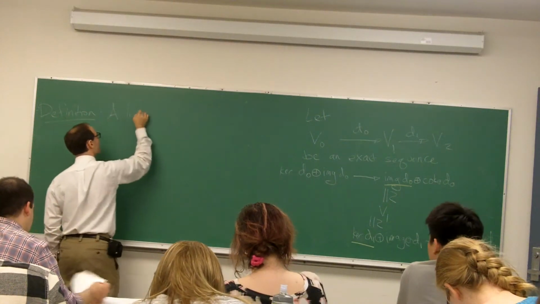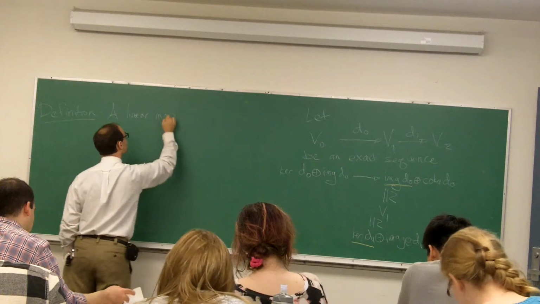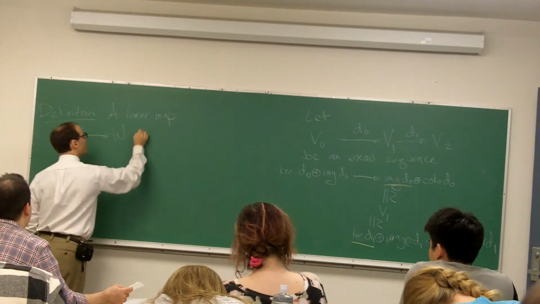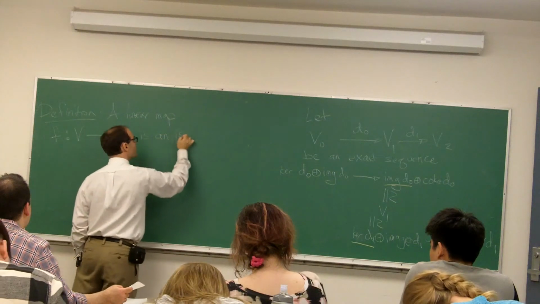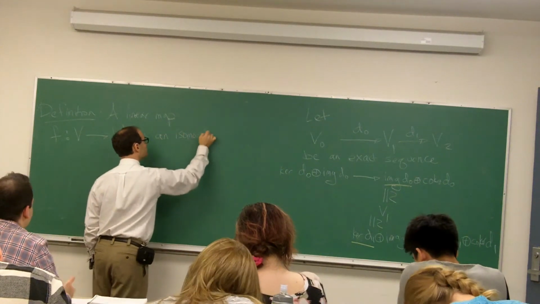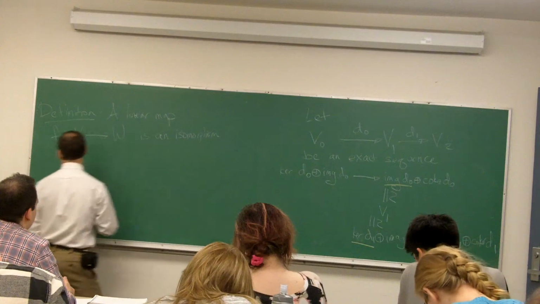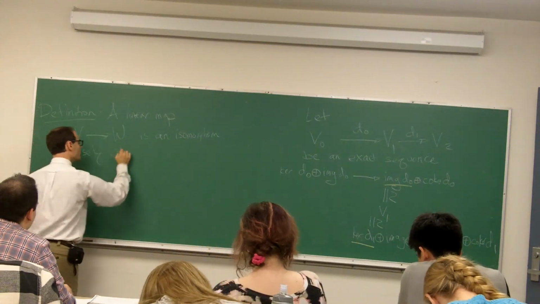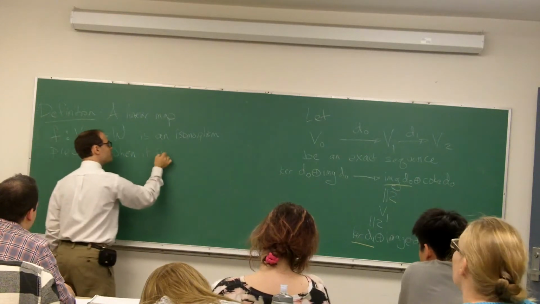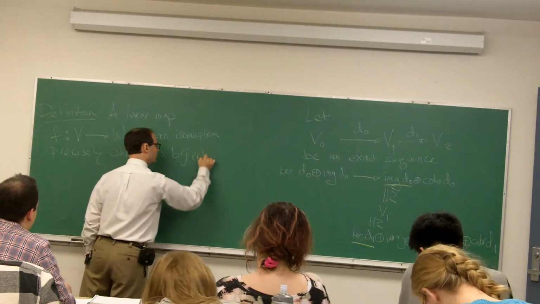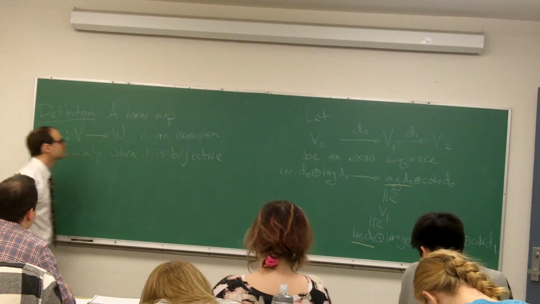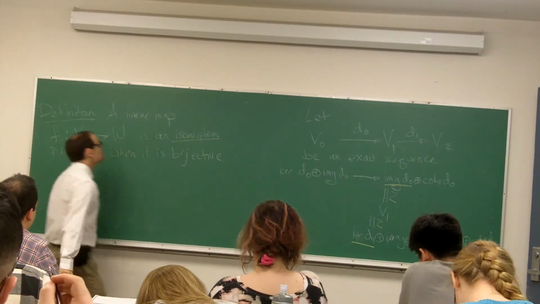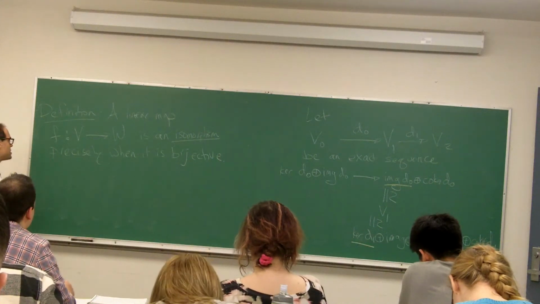A linear map f from V to W is an isomorphism precisely when it is bijective. And that is all. So there are three key components to this.